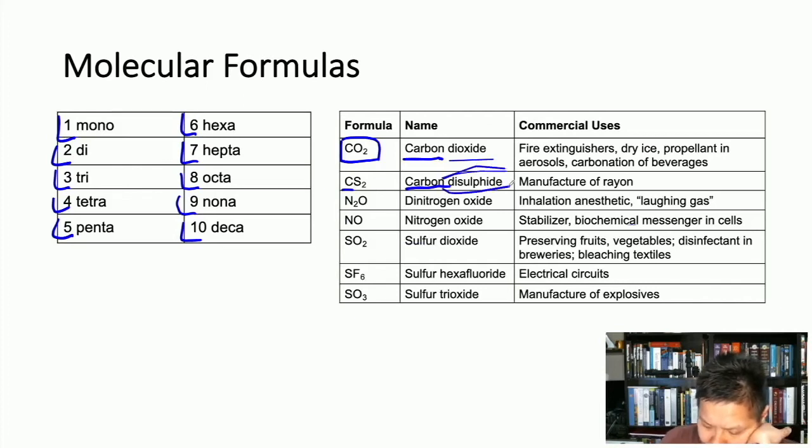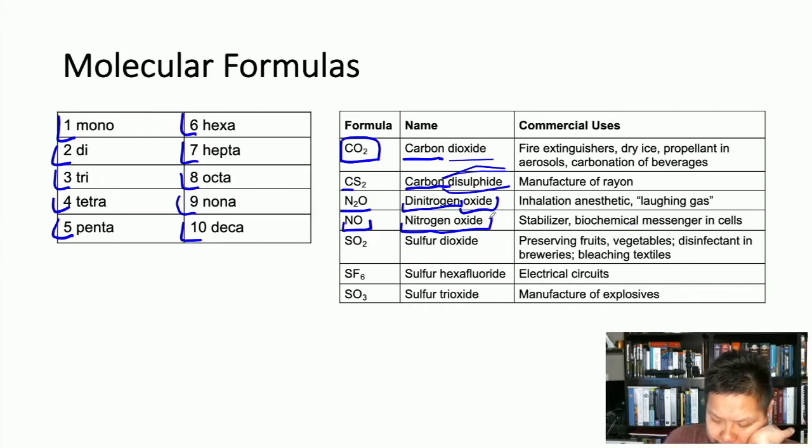Here's the first one we have that will have a prefix on the first element involved. Dinitrogen, right, for two nitrogens, and then a single oxygen, so it's oxide. Both of these right here, there's only one of each, right? So it's simply nitrogen oxide, right?